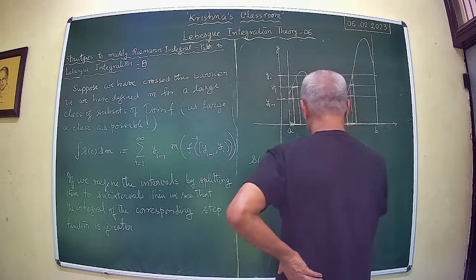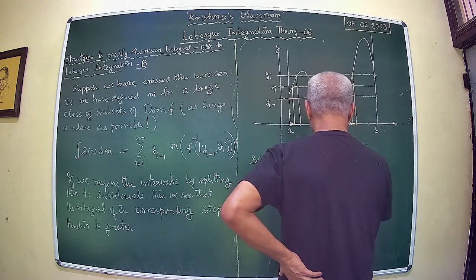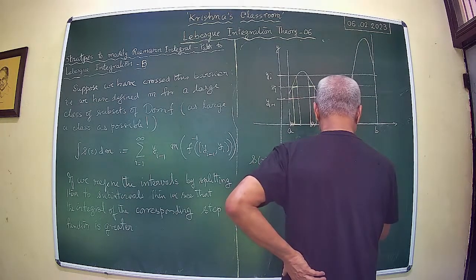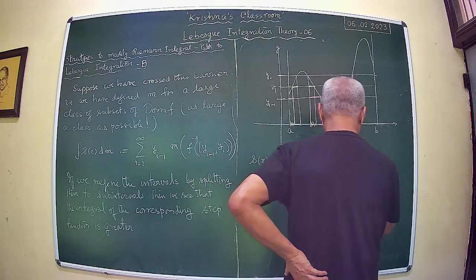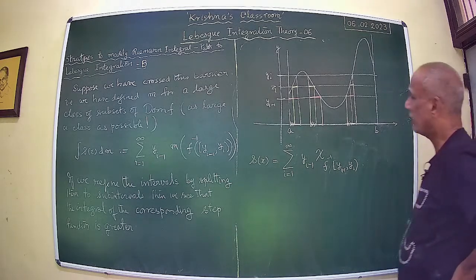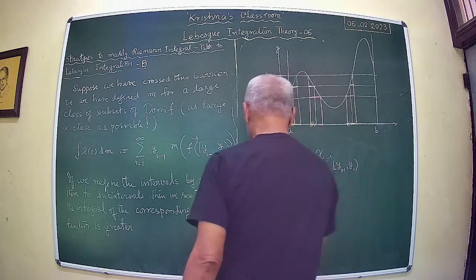Minus 1. The characteristic function of f inverse of this is it. Suppose we refine it with some zi's in between. Then what happens?